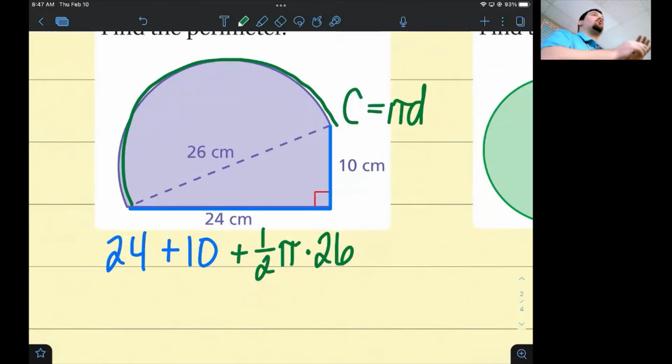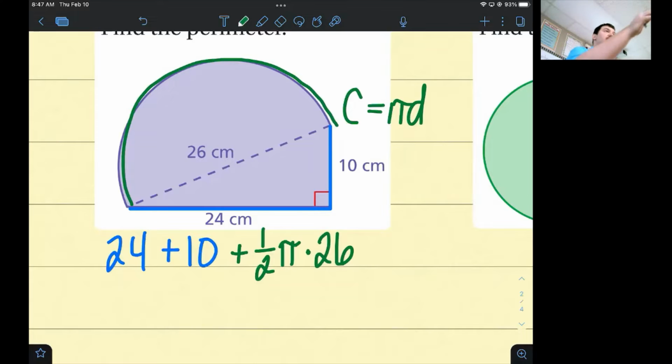Okay. So order of operations says do the multiplication first, then the adding, right? That's a good point. So I can't just type this all into my calculator because my calculator is going to use order of operations. Well, it's actually my calculator tries to use order of operations. Doesn't seem like it always does. But I have to do this portion of it first. I have to go multiplying before I go to the adding.